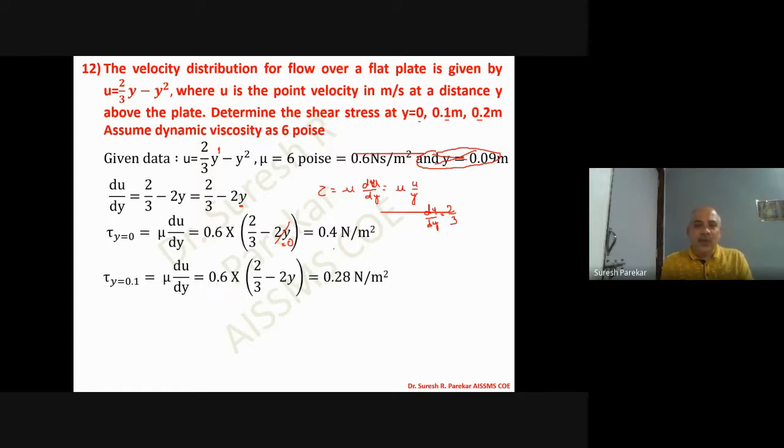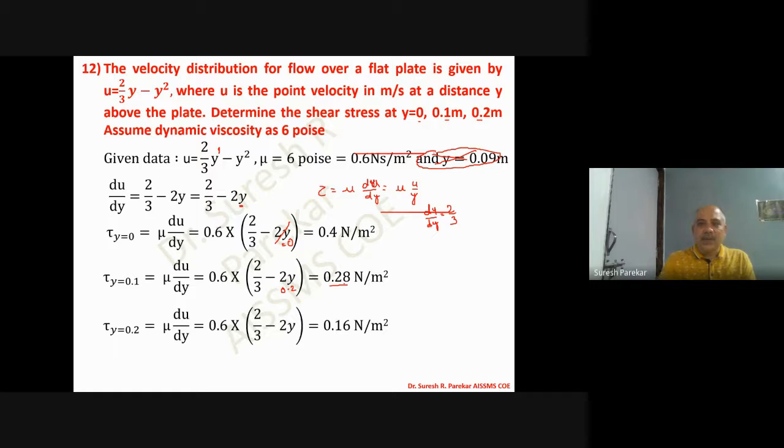Now if we go to y equal to 0.1, then we have 2 by 3 minus 0.2. And then we are going to get 0.44 multiplied by 0.6, and we get tau as 0.2 Newton per meter square.